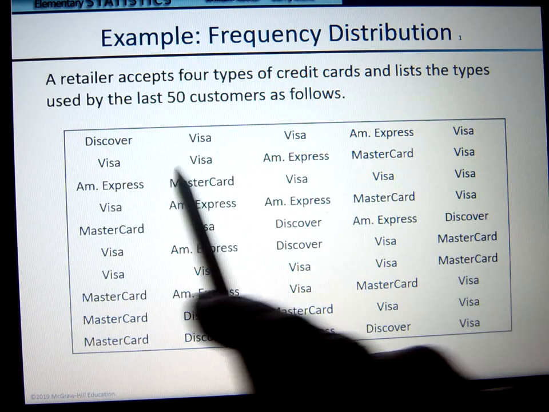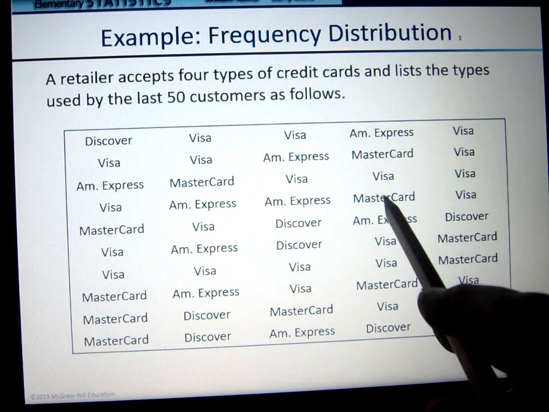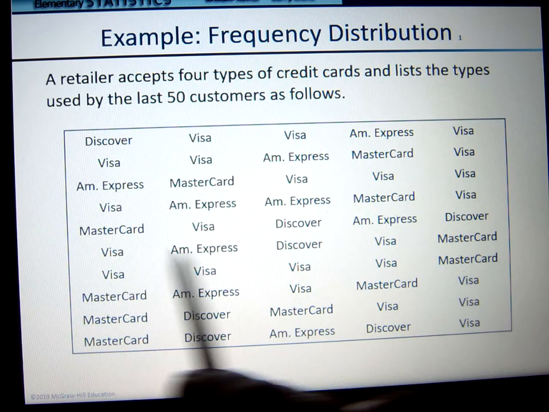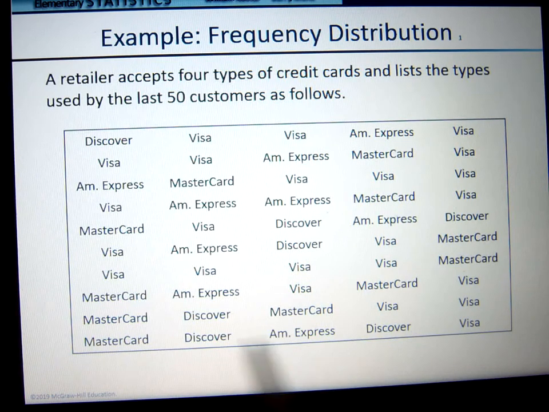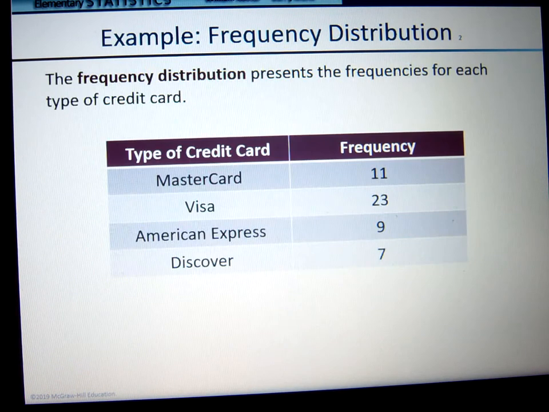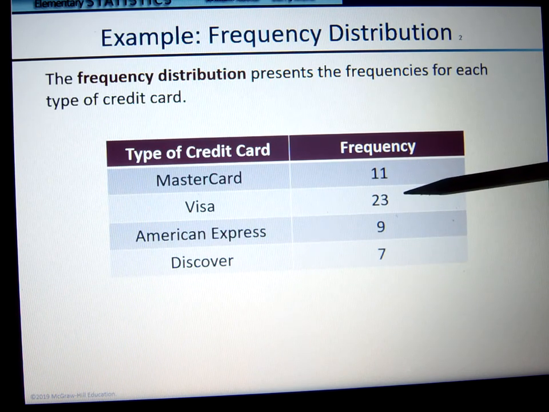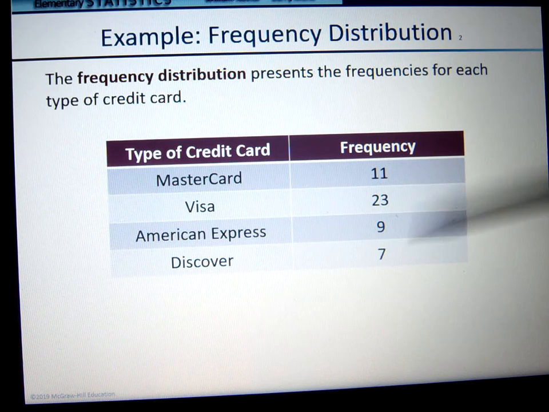I have 1, 2, 3, 4, 5, 6, 7, 8, 9, 10, 11. So you can see then when we come here, that's why the frequency number is 11. Visa, if we count, will be 23. American Express is 9, and Discover is 7. So this is a frequency distribution.